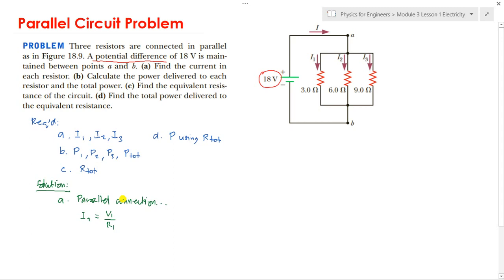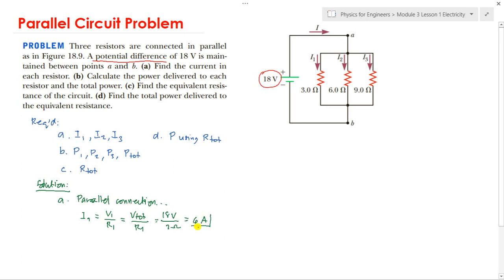For a parallel circuit, the total voltage is just the same as the voltage for each resistor. So this is just equal to the voltage at the source, the V total, over R1. Therefore this is 18 volts divided by R1, which is 3 ohms, so this is 6 amperes.